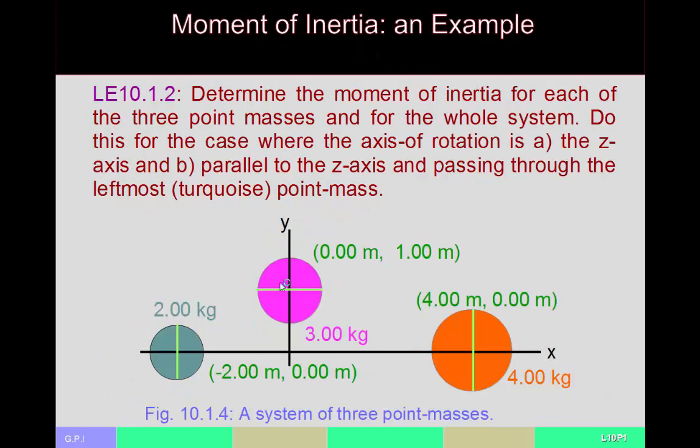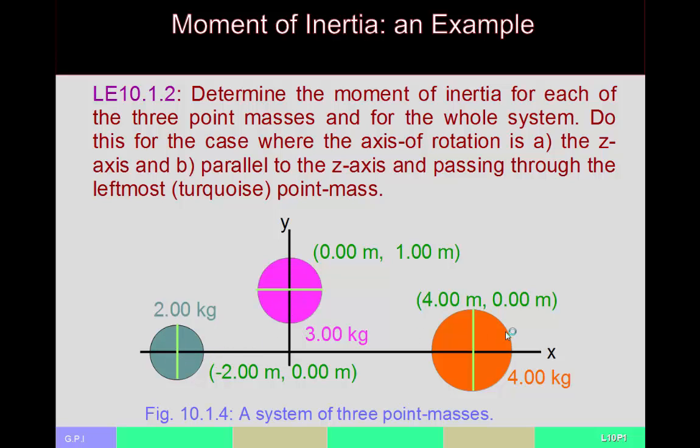So let's do a quick example using what would count as point objects with a common axis of rotation. So we're going to pick the axis of rotation to be the z-axis, and then we're going to do it again with the axis of rotation being right here, located in the center of this particular point mass.